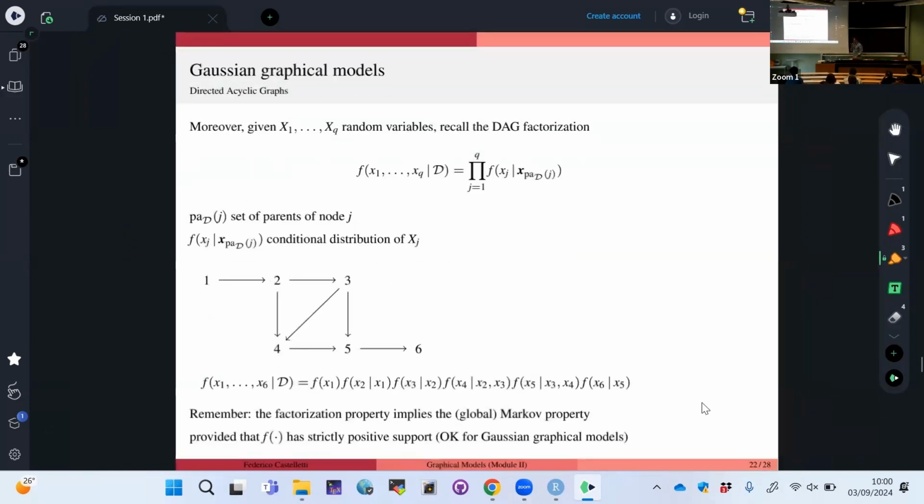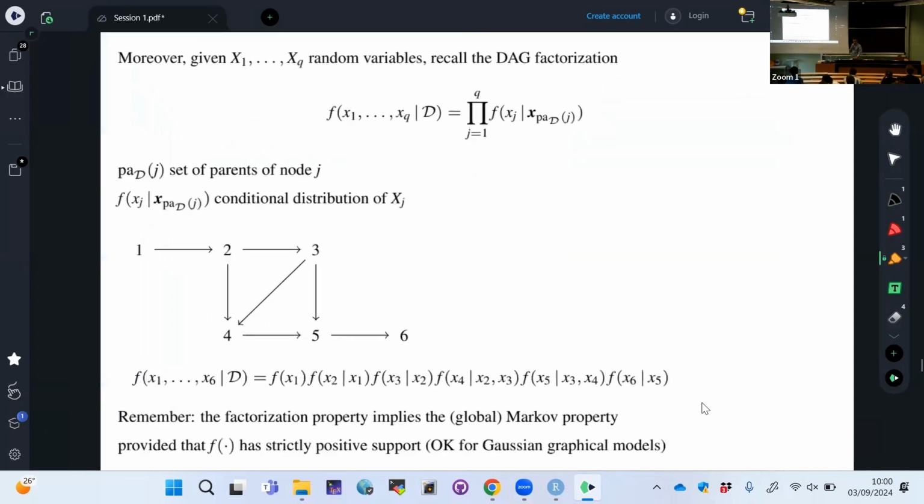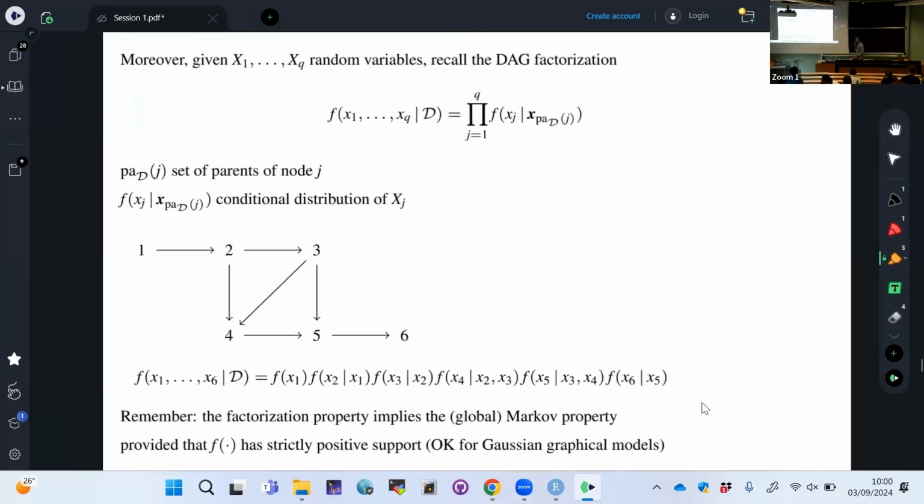Now, another important feature of DAG models is related to the DAG factorization, which, if you remember, under some conditions implies the global Markov property of the DAG, which is what at the end we would like to have. This will be very useful for structure learning purposes, as you for sure said yesterday.